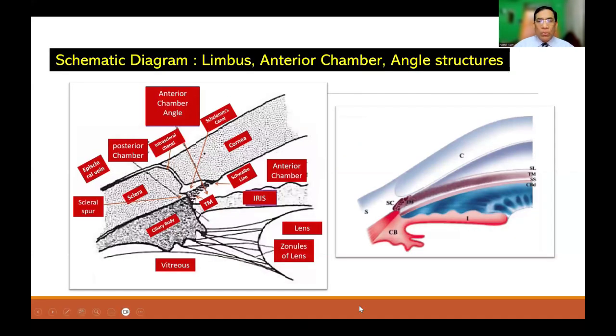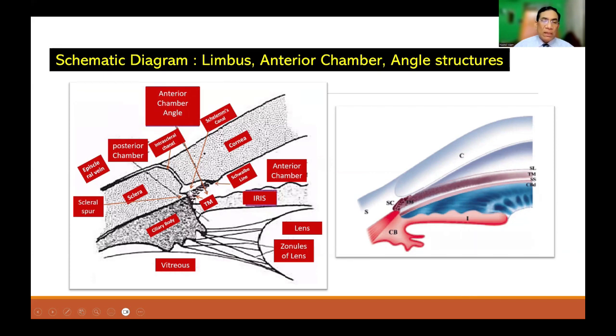Now, what structures do we actually want to see in the angle? We'll come to that later in detail, but just to know, four structures are very important: Schwalbe's line, trabecular meshwork, scleral spur, and ciliary body band. If you look at the anatomy, this is the cornea, this is the sclera. In the cornea, the termination of Descemet's membrane produces Schwalbe's line.